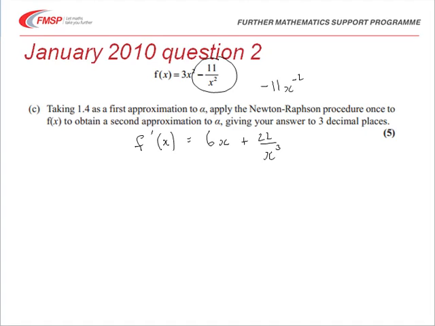The first value, x0 as we probably refer to it, is 1.4, so x1 is then, using the Newton-Raphson equation that's in your tables, the value x0, 1.4, and then minus f of 1.4 divided by f dashed of 1.4. And that is 1.4 minus, I'm going to use a value which is greater than 3 decimal places.